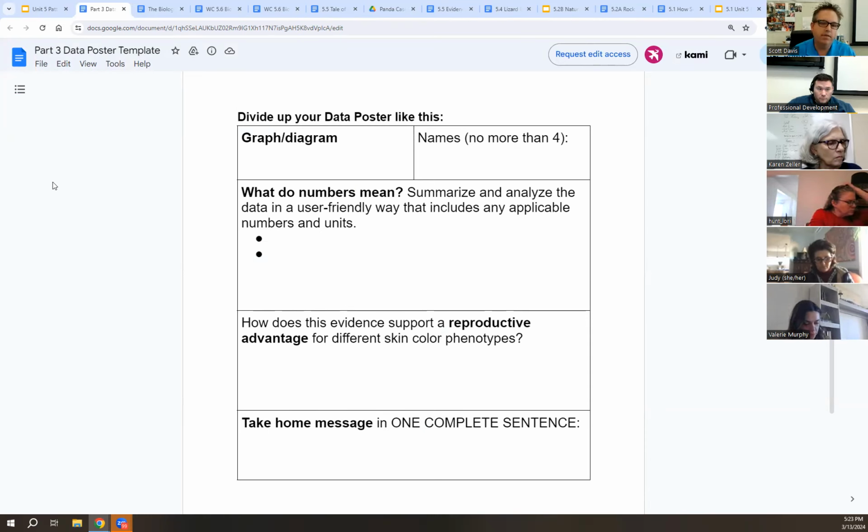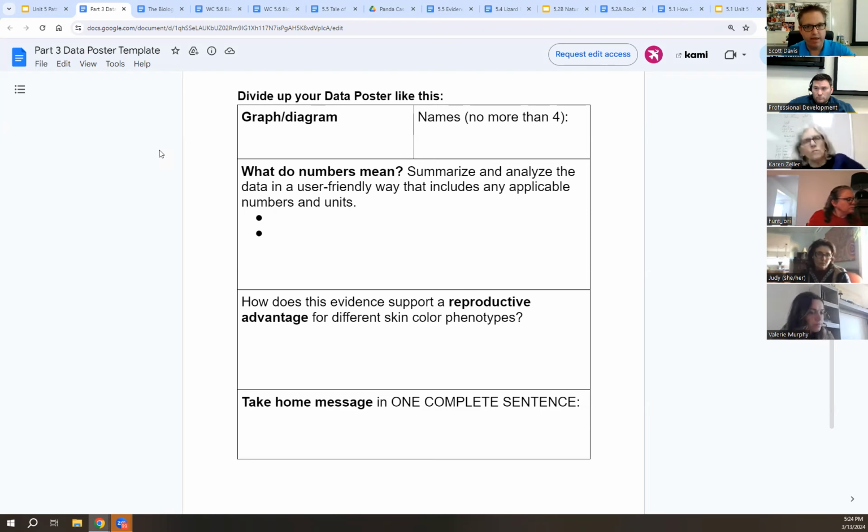The other option, and the thing that I do in my class, because different groups finish at different times, so it's kind of hard for me to have the time and the logistical situation for students to do presentations. We basically just do a gallery walk. We put the posters up, and when you're done with your data poster, you'll go around and look at the posters of others and get the take-home message from each of those.